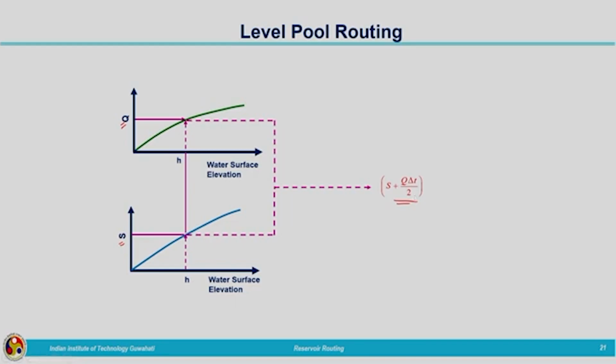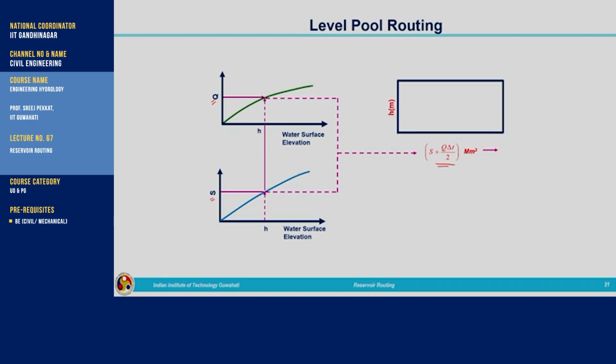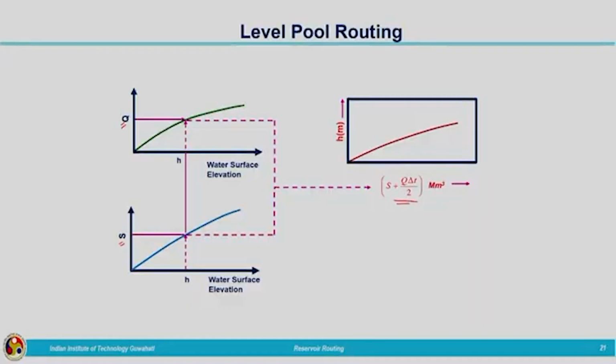Next, we will plot another graph: this S plus Q delta t by 2, converted to million meter cube, will be plotted along the x axis, and water surface elevation along the y axis. This graph can be completed because for different water surface elevations, small h values, we have different Q values and different S values. Corresponding to each H value, we will calculate this S plus Q delta t by 2, that is the indicative discharge.